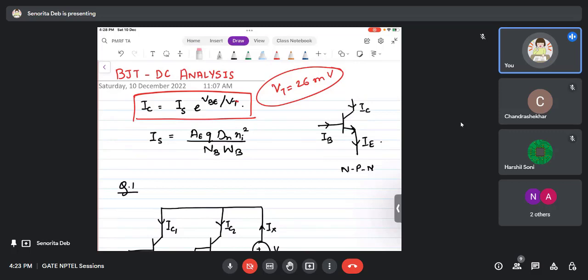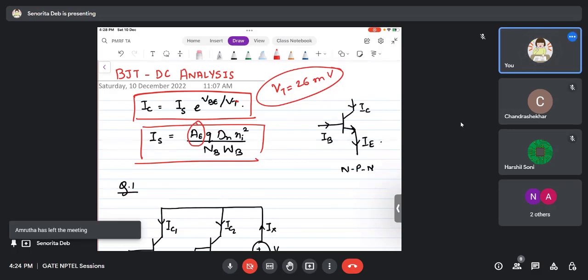IS is given by this. You would have read this in the semiconductor chapter. It involves AE, the area of the emitter junction, the charge, Dn, the diffusion constant of the electron, ni squared, where ni is the intrinsic density, NB and WB. NB is the doping concentration of the base, WB is the width of the base.